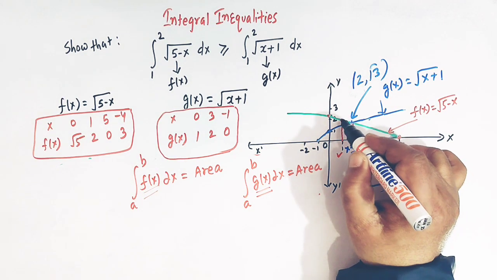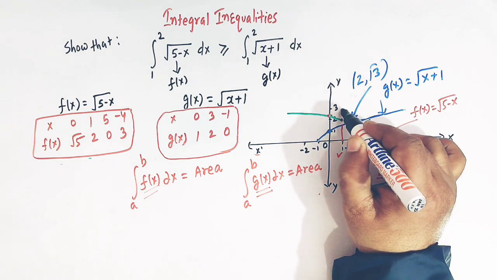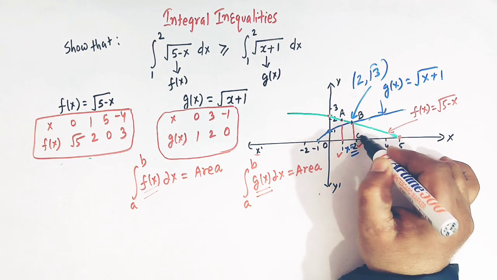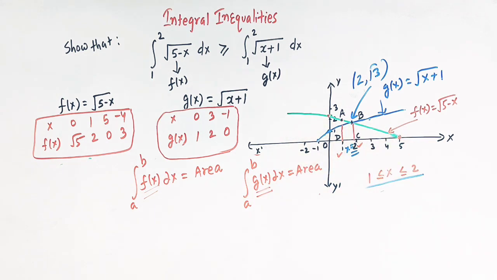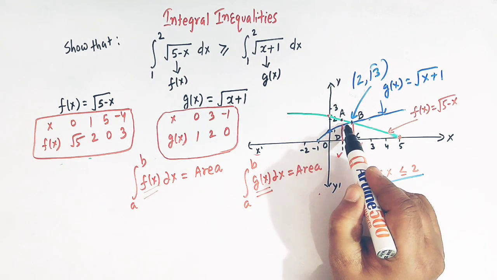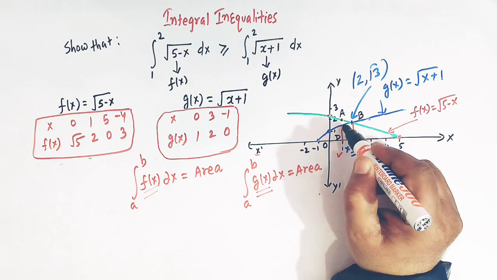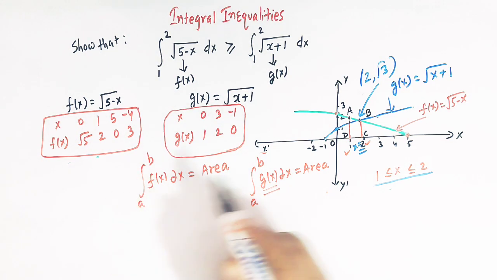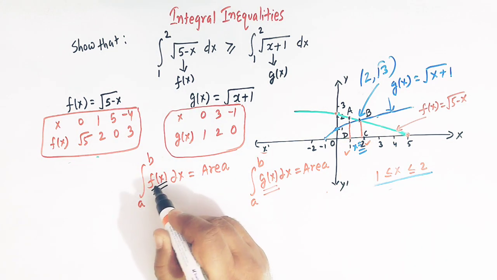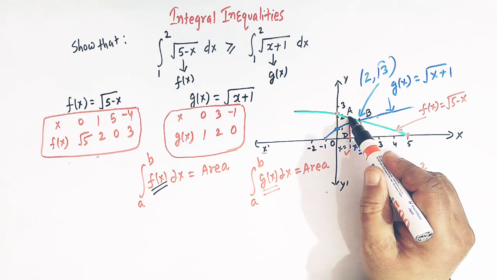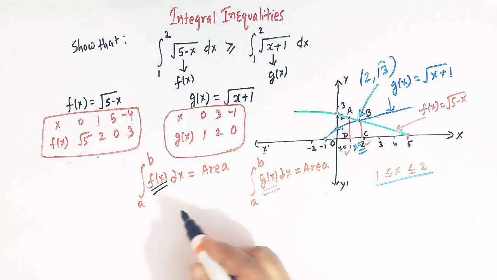So now see, here we have this point, right? So let us denote this point by A, this point by say B, this point by C, and this point by D, right? Now since the green curve lies above the blue curve, we can extend this line up to A, right? So now the area bounded by this function f of x from x equal to 1 to x equal to 2 is given by A, B, C, D, A, right?